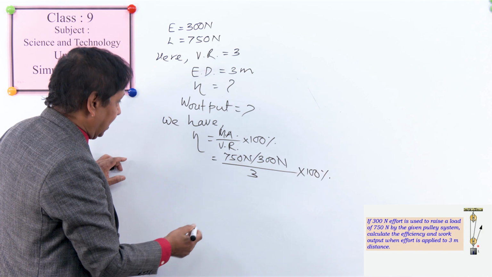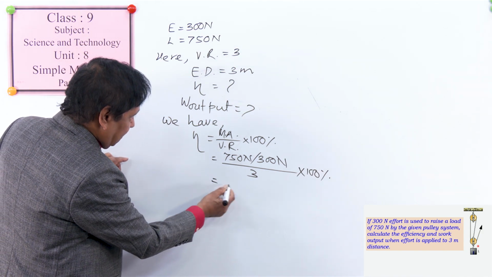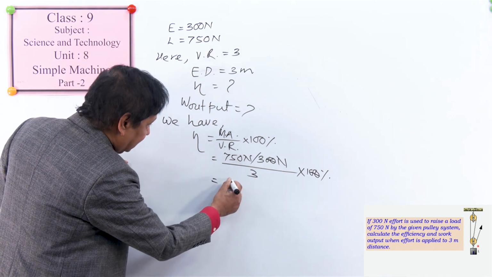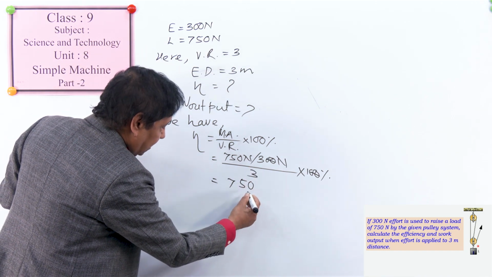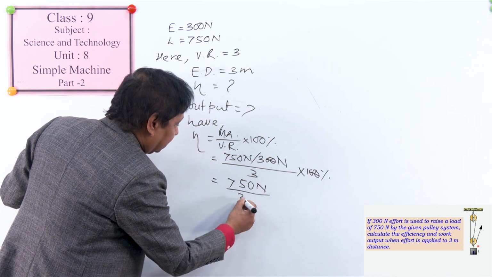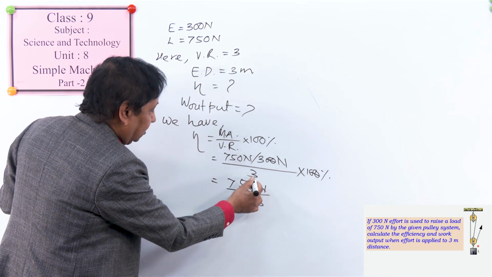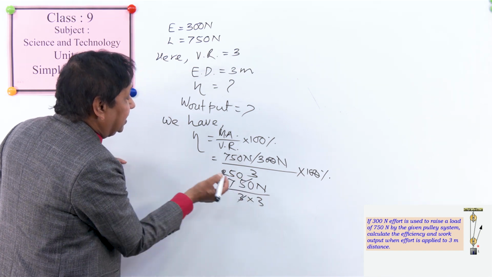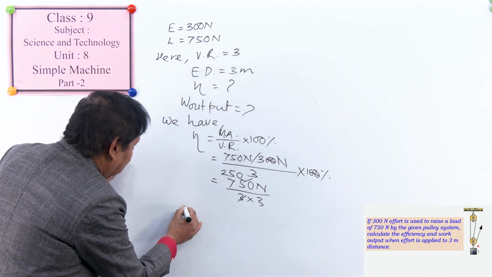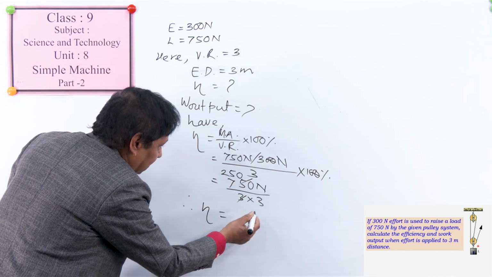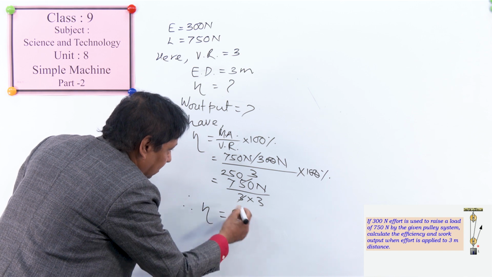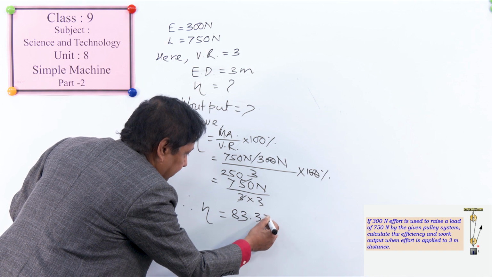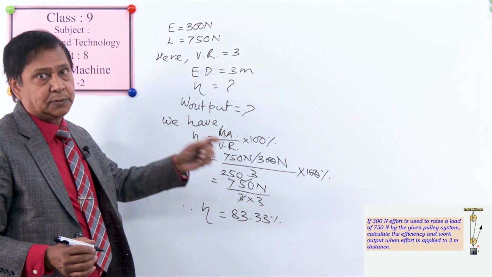And if it is so, then look at this 2 0 and this 2 cancel each other. 3 3s are 9, 750 Newton divided by 3 into 3. 3 2s are 6, 3 5s are 15, 250. If we divide this 250 with 3, then we'll get what? Eta is equal to 3 8s are 24, 3 3s are 9 and 83.33%. This is the efficiency.